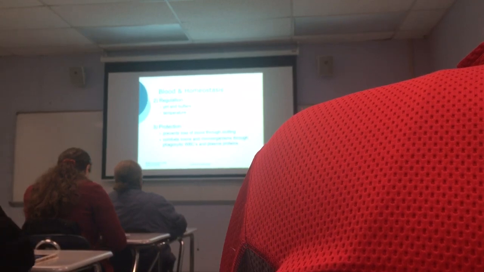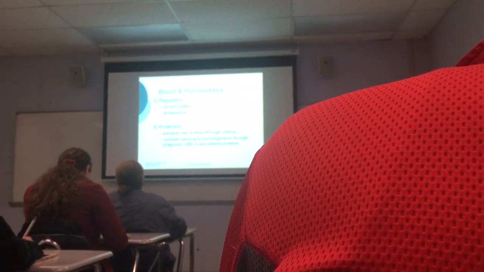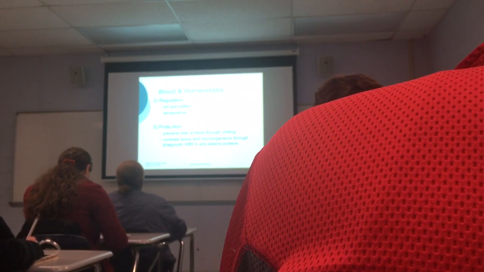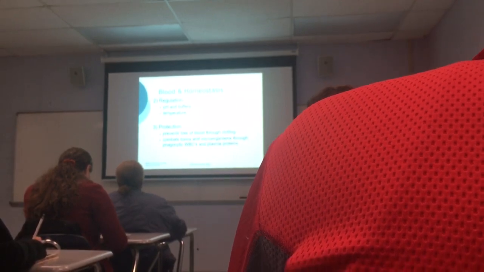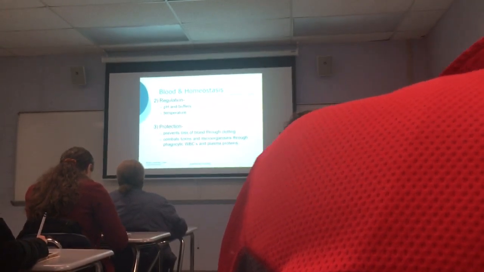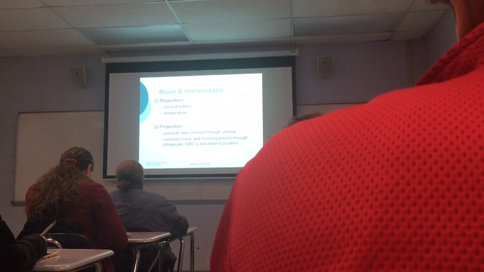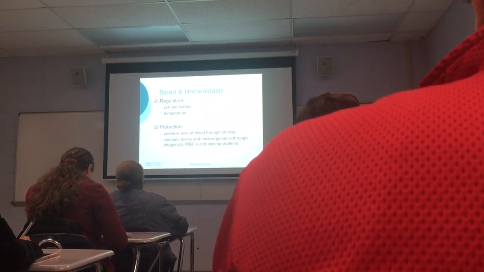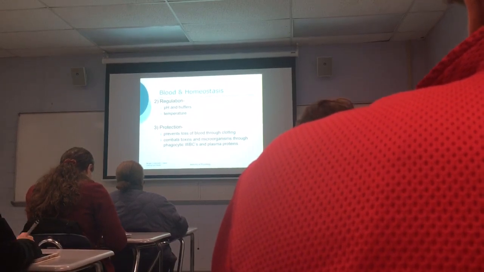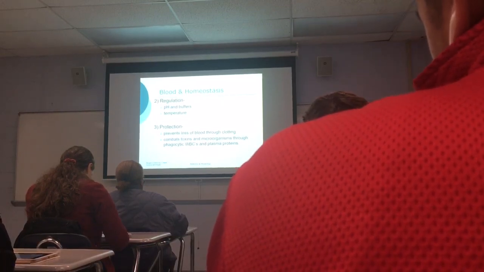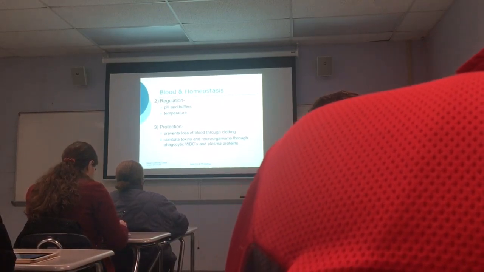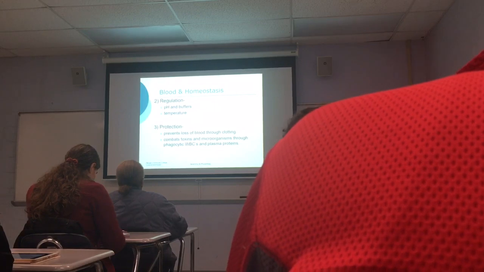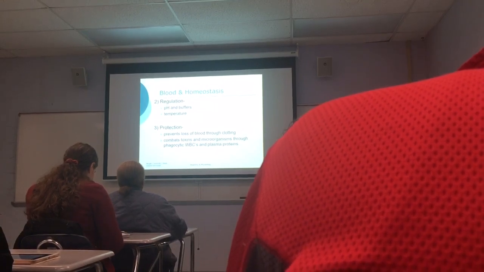We'll actually see that next semester, and we'll do experiments with that too. And it's gonna regulate temperature. So our blood vessels dilate when we're hot, and it brings the blood to the top portion of the dermis of the skin, so we can dissipate that heat. People that have very light, fair skin, you can see they get red when they get hot. And blood's also gonna protect us.